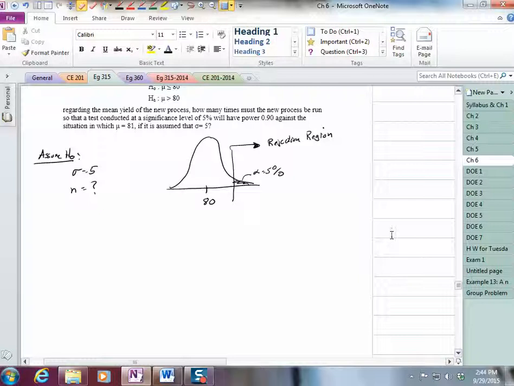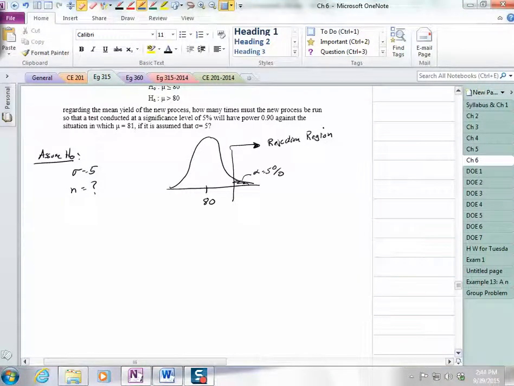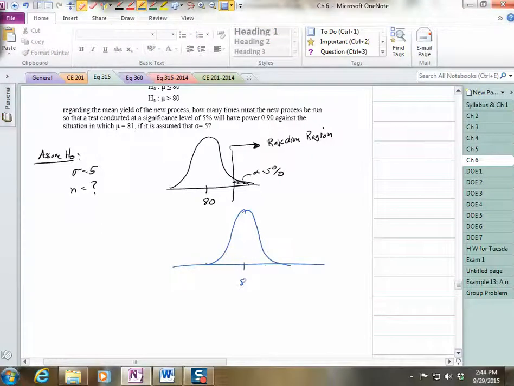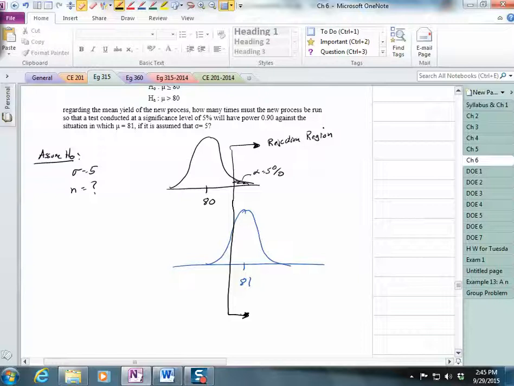And now this is saying, well, what if, again, the what if question with power, if the mean really is at 81, and then again I better extend that line down so I can see how the two distributions are linked.